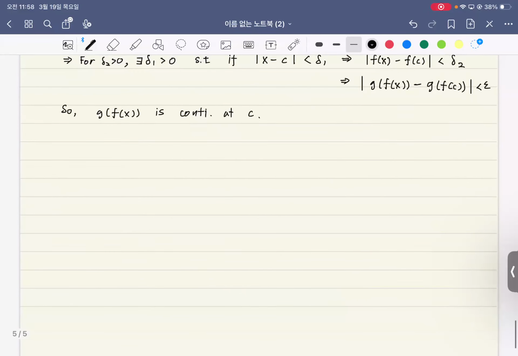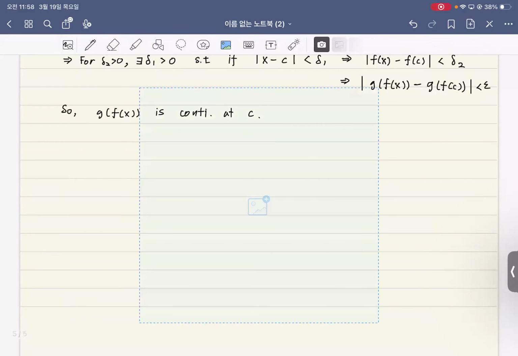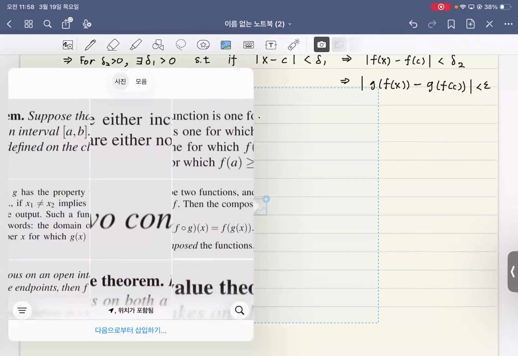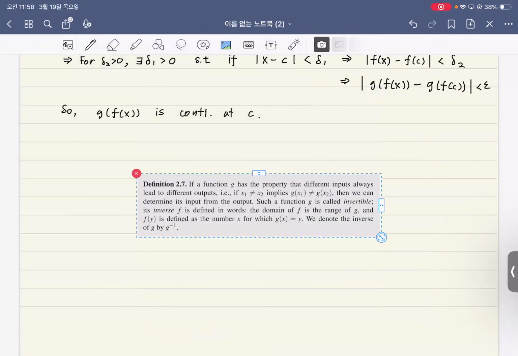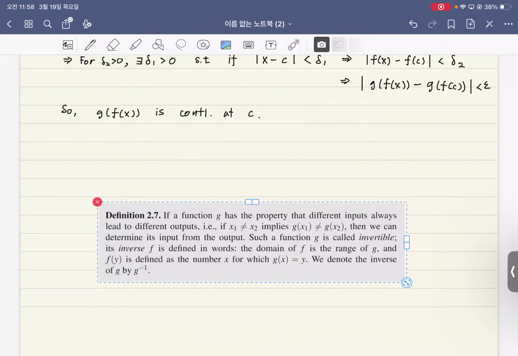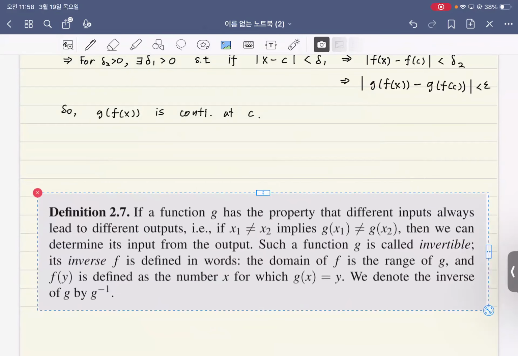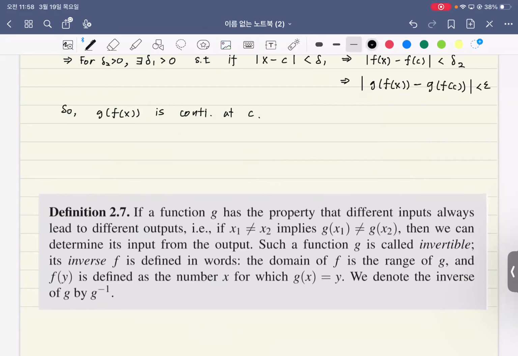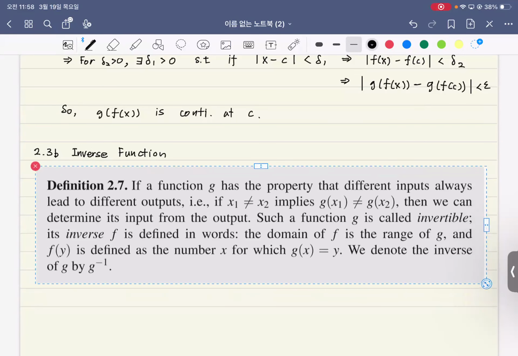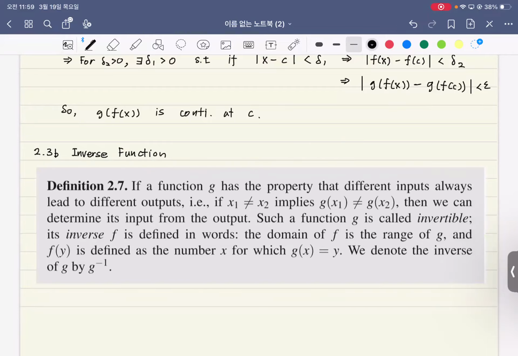All right, and now we are ready to discuss the inverse function. Suppose that we have this weird property.